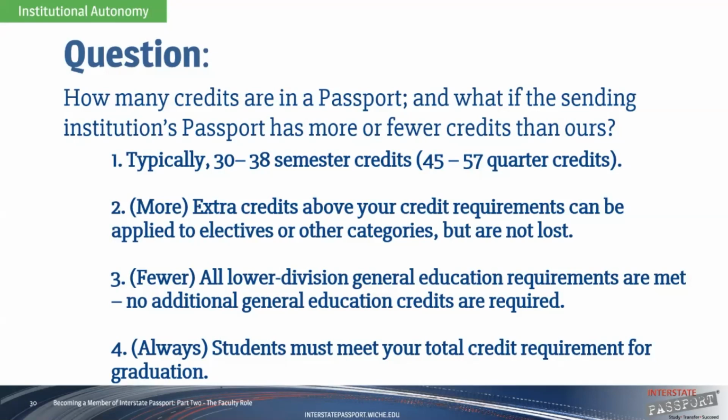If they come in with fewer credits than you require in your general education program, still all the lower division general education requirements are met, and no general education credits additionally are required. However, if they need more credits in order to meet your total credit requirement for graduation, of course, that would be required, and they might perhaps take some extra electives or additional courses in their major, whatever it takes to meet your total graduation credit requirement.